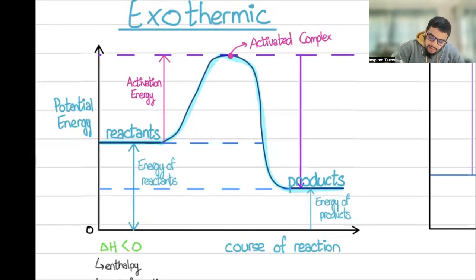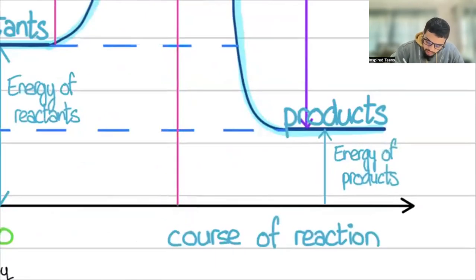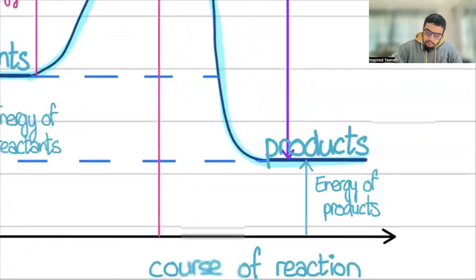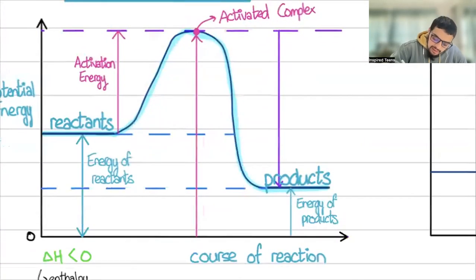We can discuss a line all the way from the bottom up to the activated complex. Many students might confuse this pink line as activation energy, but as you can see, this line represents from the bottom all the way to the top. It's not from reactants to activated complex, it's from the bottom all the way to the activated complex, and this here would be the energy of the activated complex.